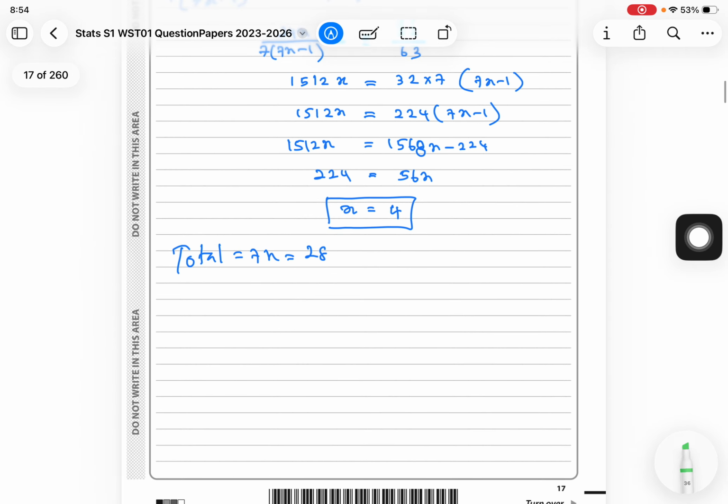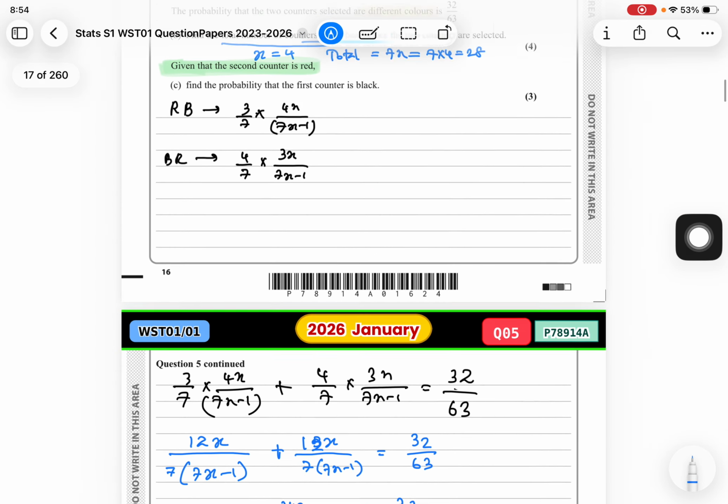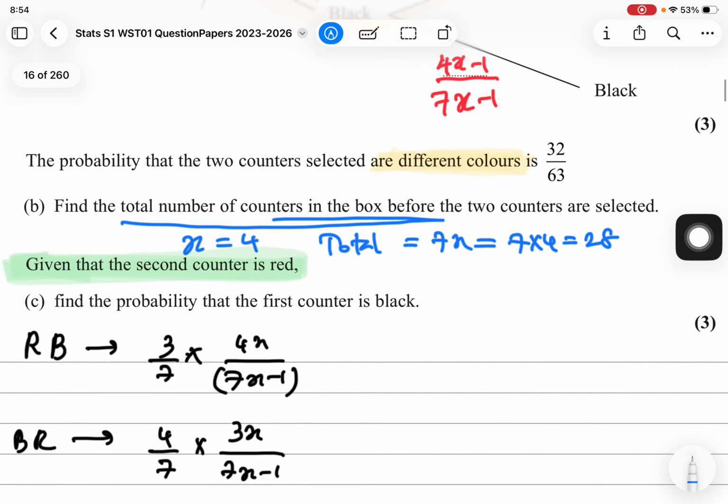Whenever we have such a question, let's write it in this format.